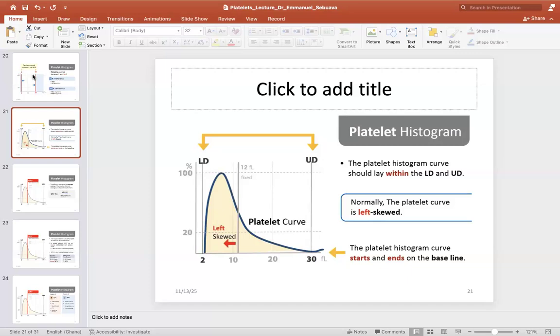Just in the same way we have MCV for RBCs, the platelets also have MPV. And the middle of that curve that you see should land you on the MPV. So there are times the curve shifts to the left, meaning it deviates from that expected MPV you are supposed to see. Then you start asking yourself, what might be the cause of this left skewed graph?